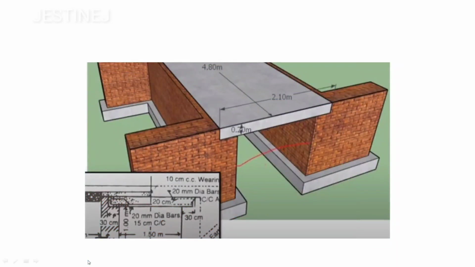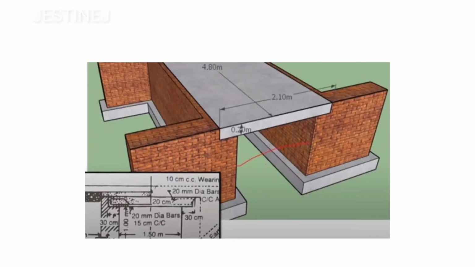And here you can observe the slab, then we need to find out the slab quantity. For that, this value is going to be 4.8 meter, we already mentioned that value. Then slab thickness is going to be 0.2 meter, and this width is going to be 2.1 meter. How did you get that 2.1 meter?